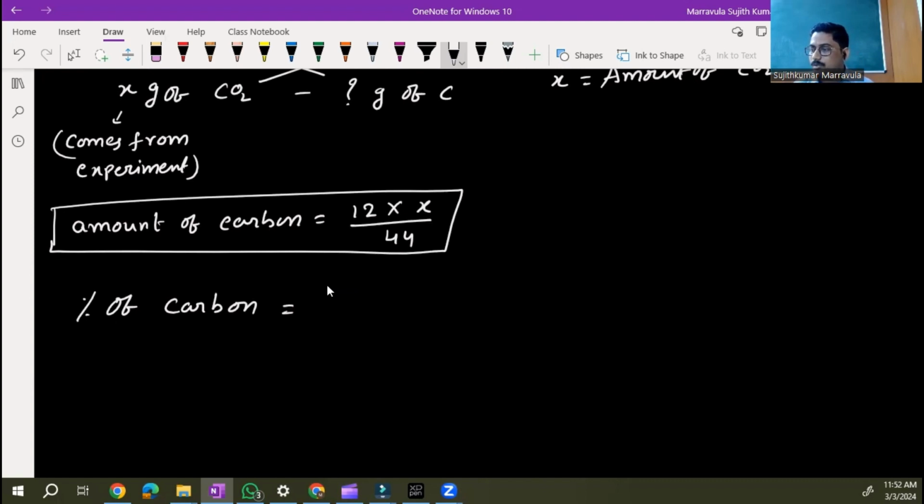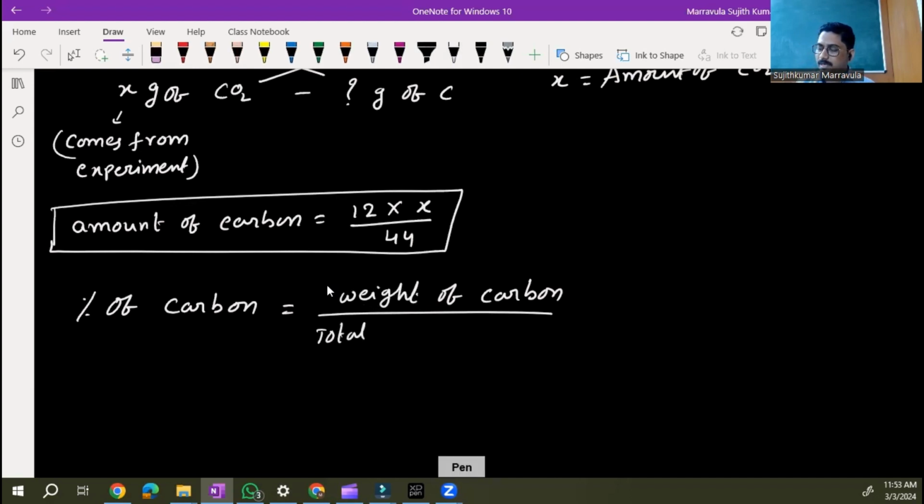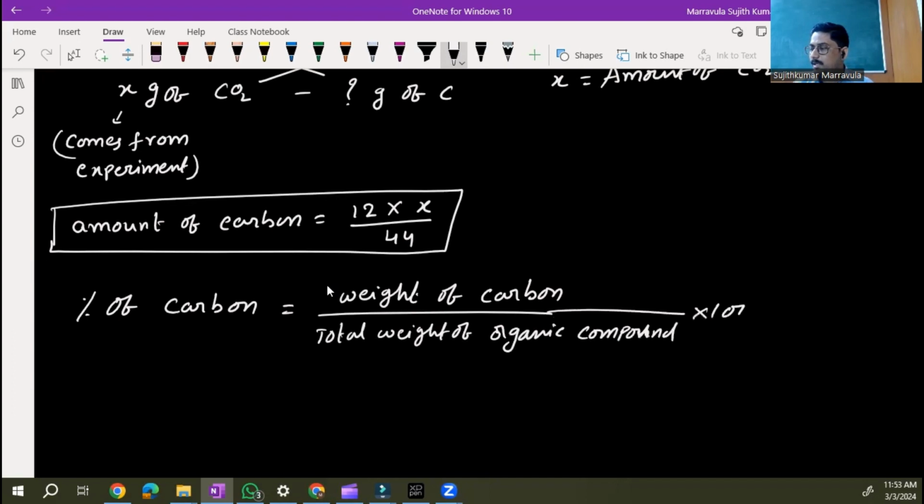So the percentage of carbon is nothing but the weight of carbon divided by the total weight of the organic compound, into 100.